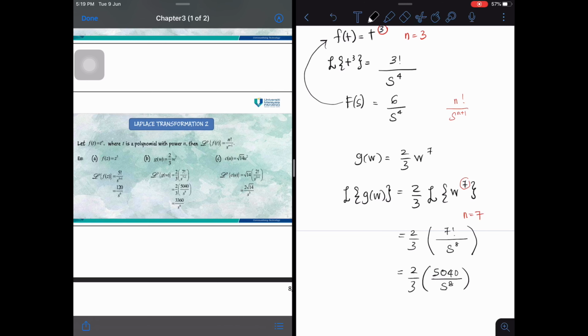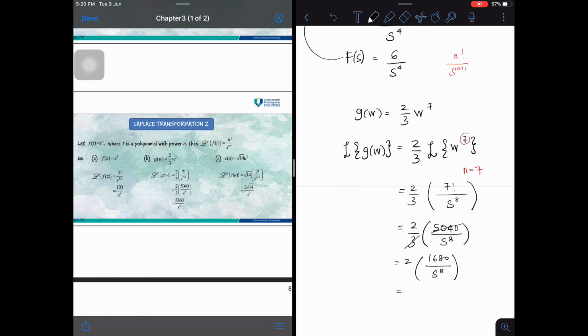Let's check whether this can be simplified. It becomes 3360 over s to the power of 8. So this is the final answer.